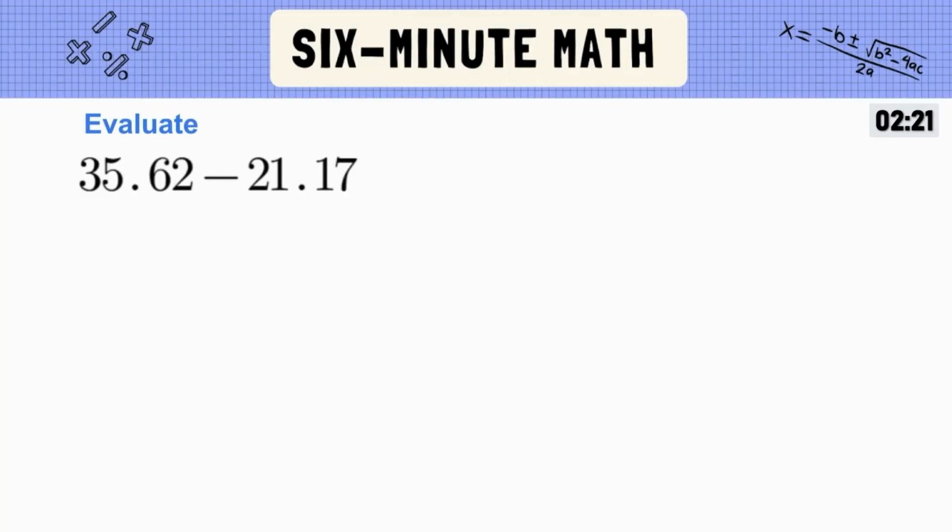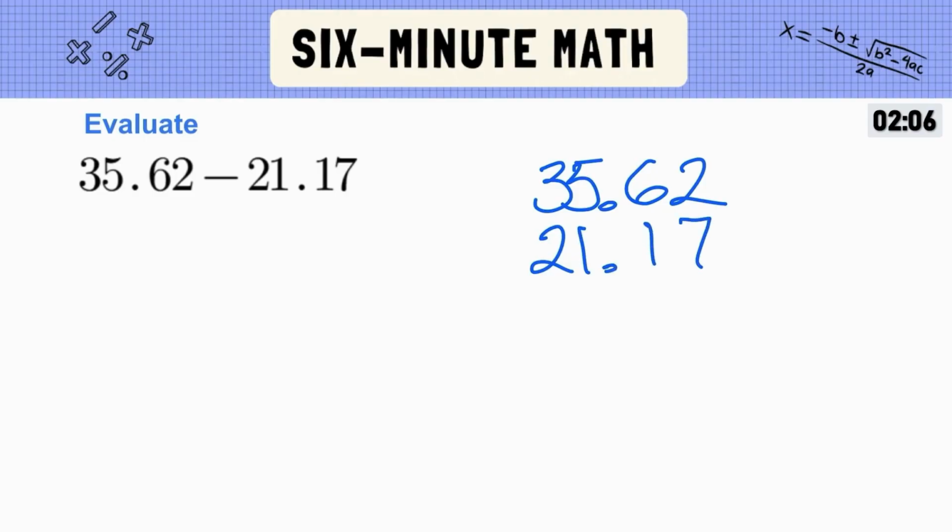Let's evaluate the following, and in this case, I am not going to have a place value chart, but I'm still going to line up my decimals. 35.62 and 21.17. 2 minus 7 I can't do, so I'm going to borrow from the neighbor. 12 minus 7 is 5. 5 minus 1 is 4. 5 minus 1 is 4.